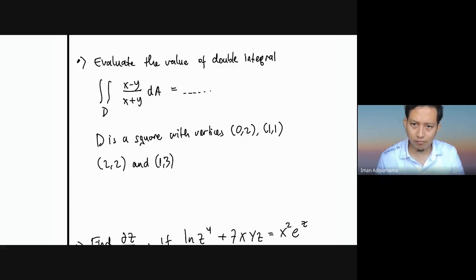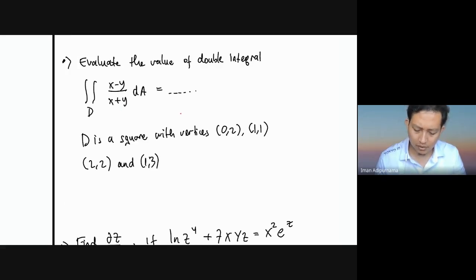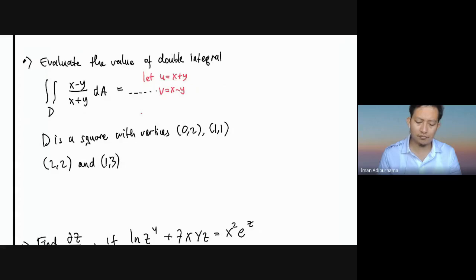Okay, so first we can make some assumptions here. Let u be x plus y, and v be x minus y. It doesn't matter what relation you have here, as long as it is connected to the question or to the given information.